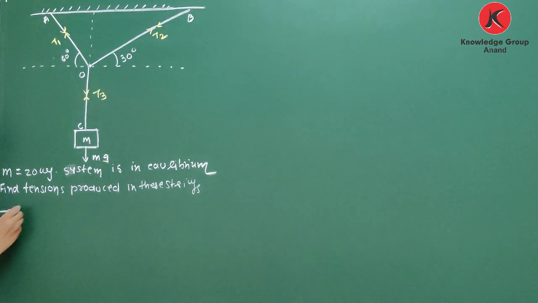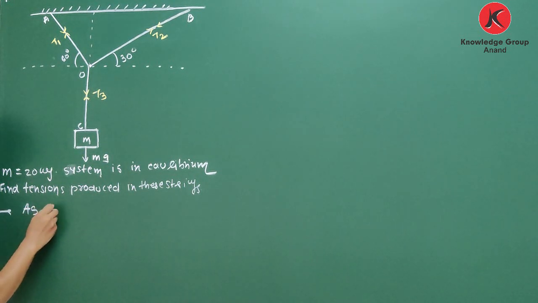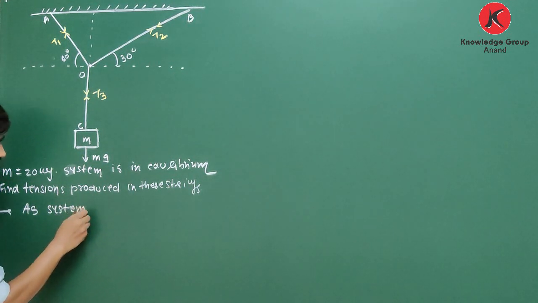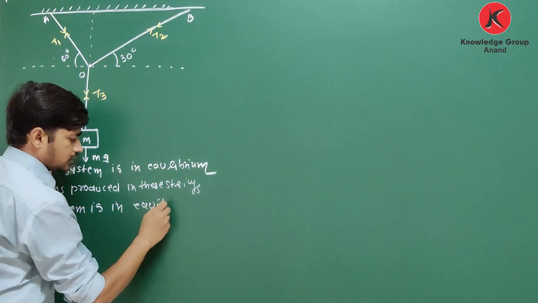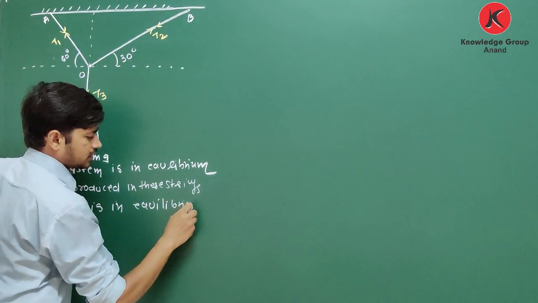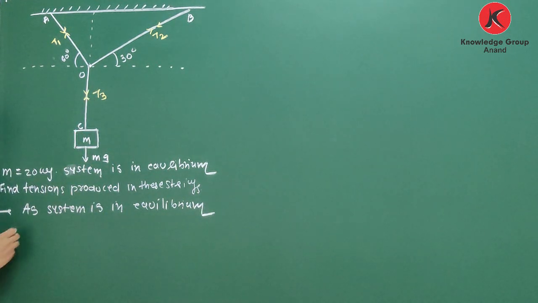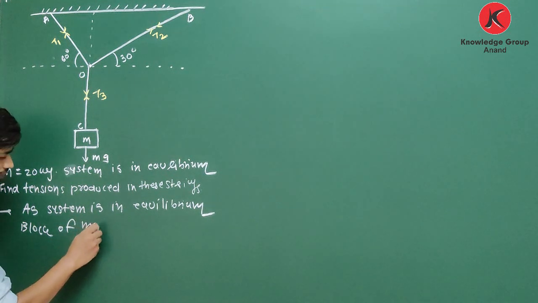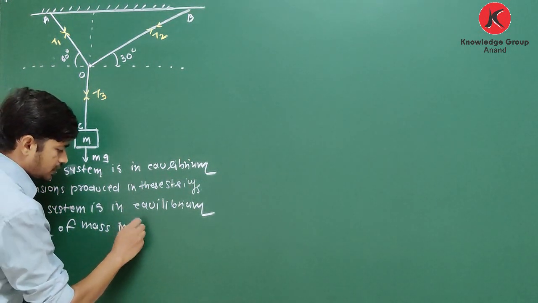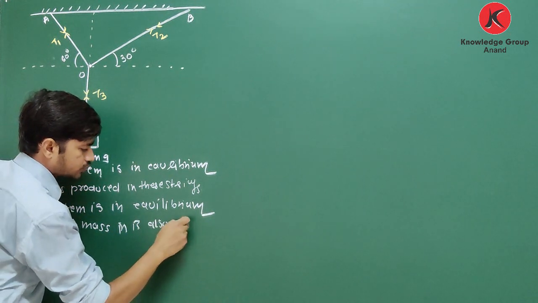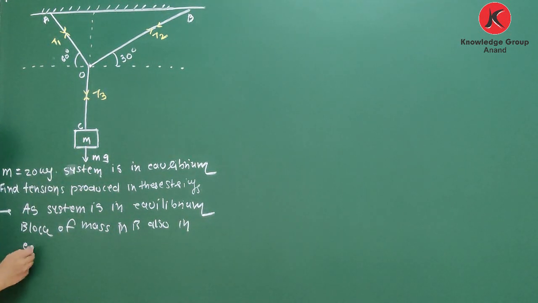So, as the system is in equilibrium, the block of mass M is also in equilibrium.